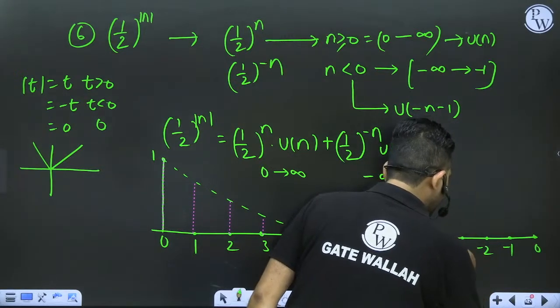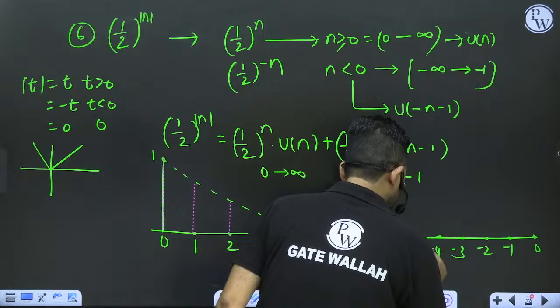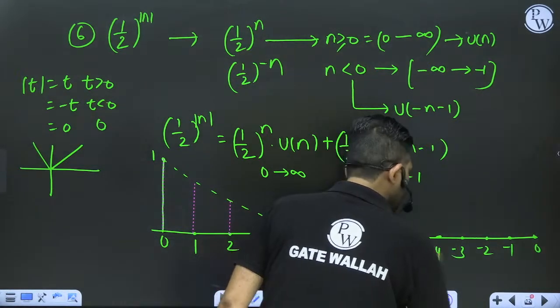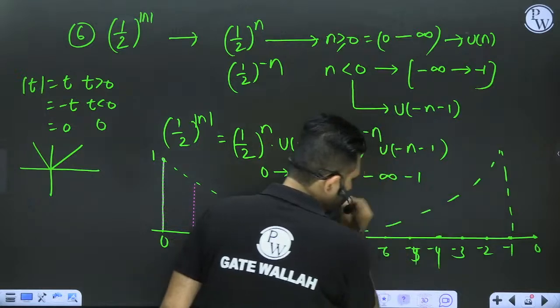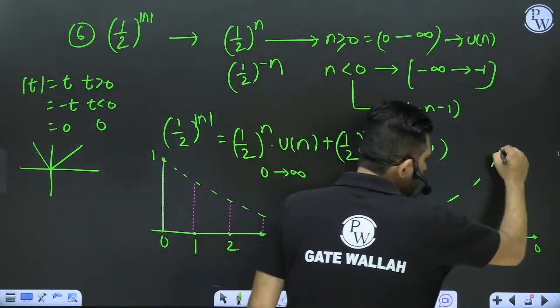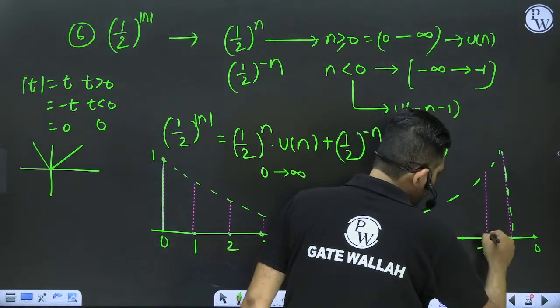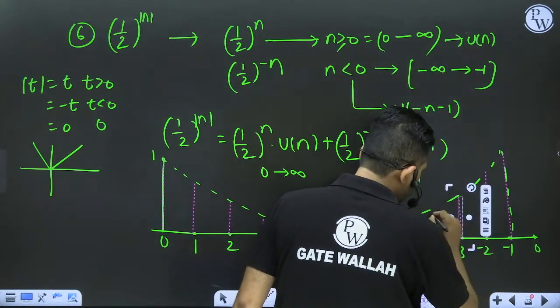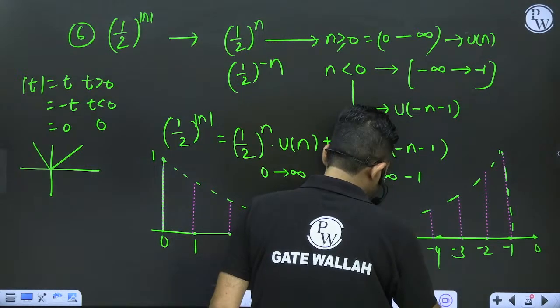This is -3, this is -4, this is -5, this is -6. And this kind of plot I will get, and so on.